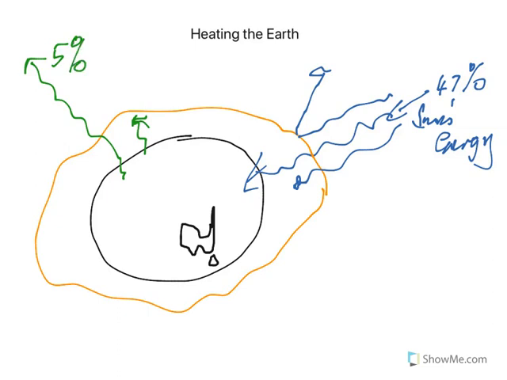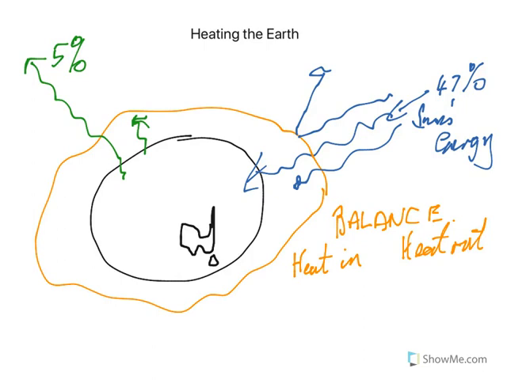So what we have is a balance: heat in and heat out. And if that balance gets out of whack, then the temperature of the Earth will either go up or down.